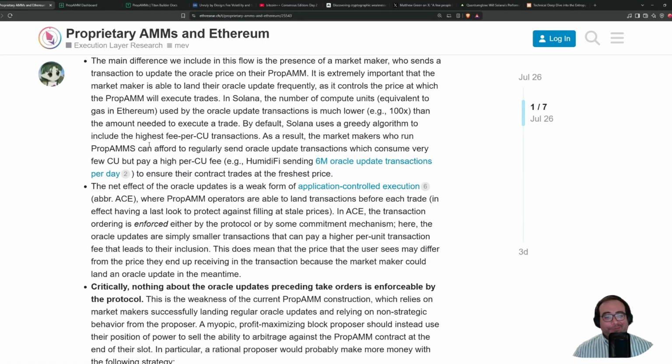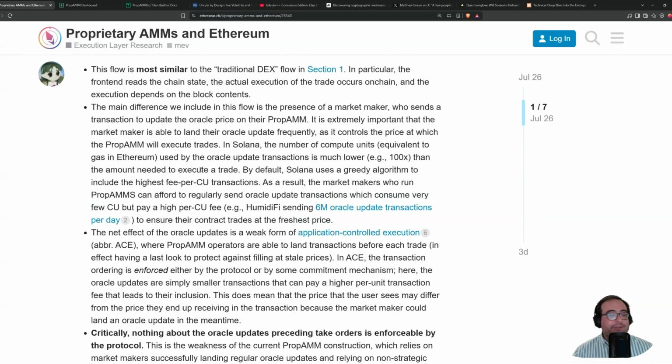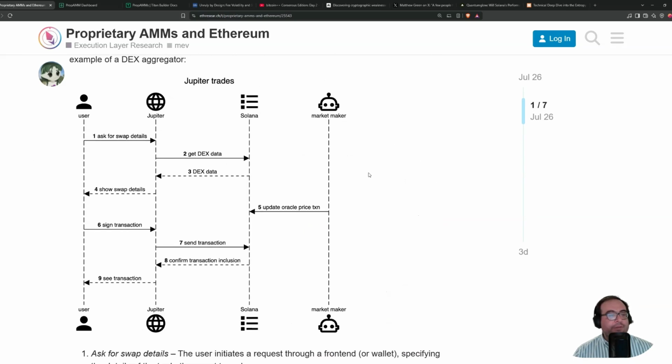This is the default. And if you trust that validators are enforcing the default, then you can pay a high fee per compute unit, because the compute unit of an oracle update is very low. So you still have this kind of efficiency in updating the price. And that's what the Solana market makers know, and it has been working. Prop AMMs on Solana were able, or are able, to offer tight spreads and good execution.